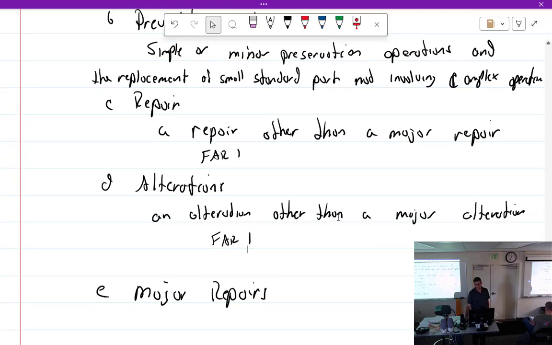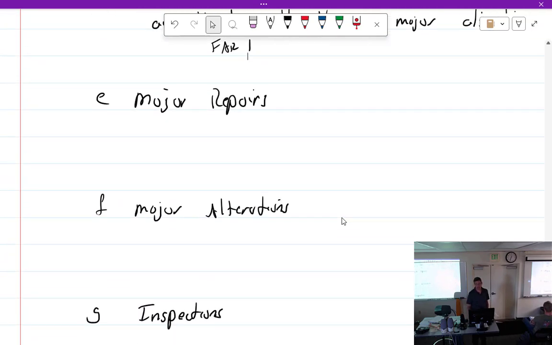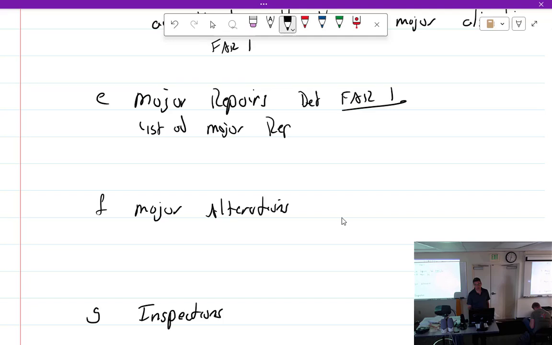Well, major repairs, the definition is in FAR 1, but the list of major repairs is found in FAR 43. 43? What is 43? Wait a minute, what the heck? 43 is maintenance, preventative maintenance, rebuilding, and alteration.